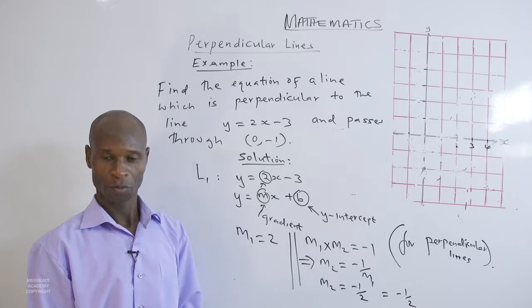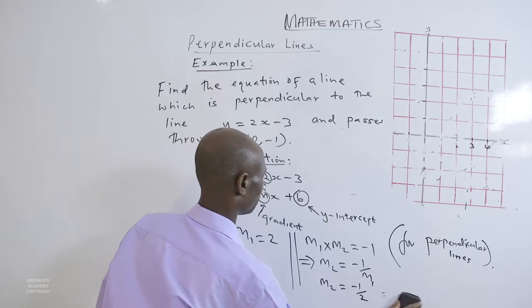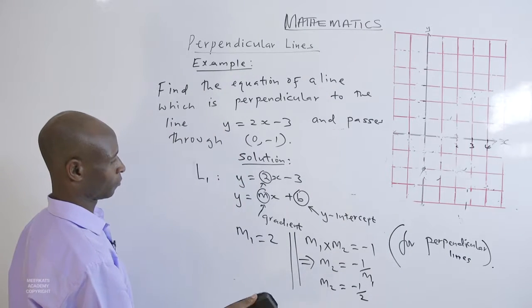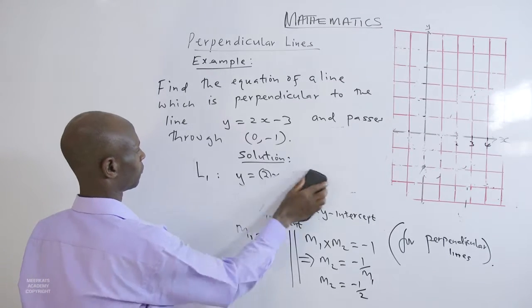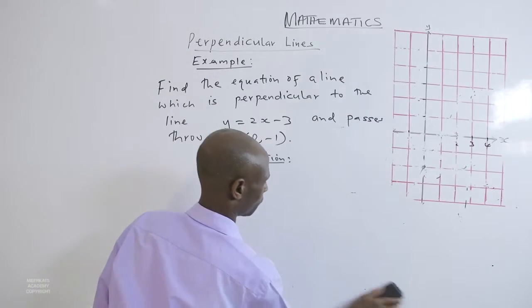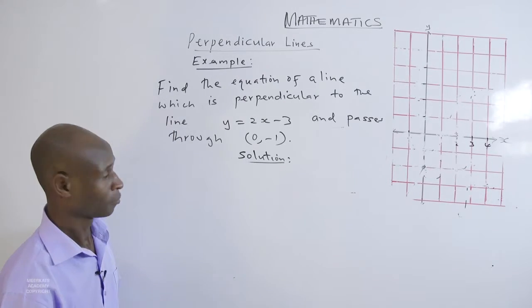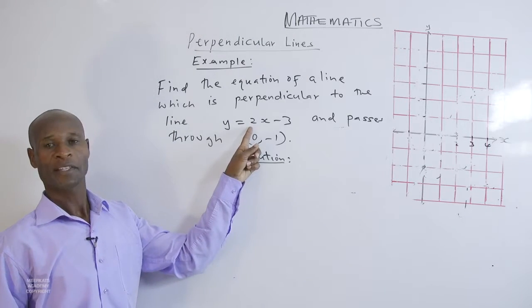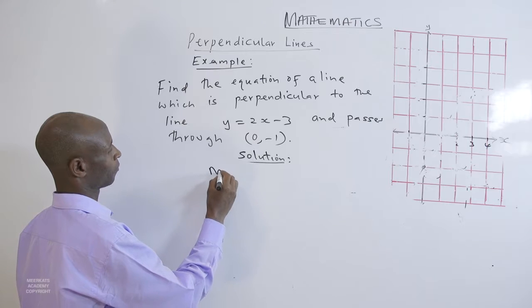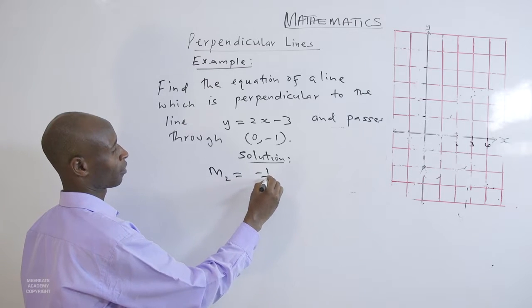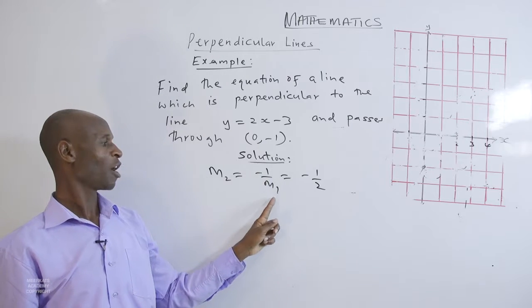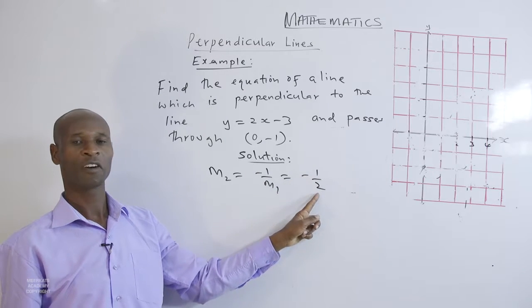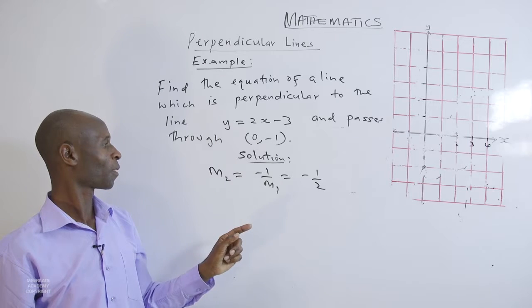That is m2. So we are saying m2 is -1 over m1, which is -1 over 2, because m1 is 2.